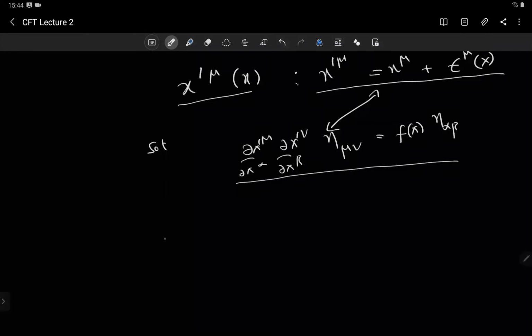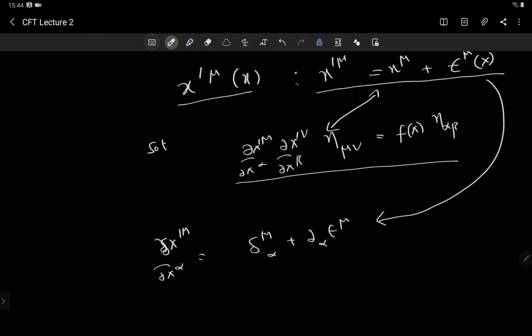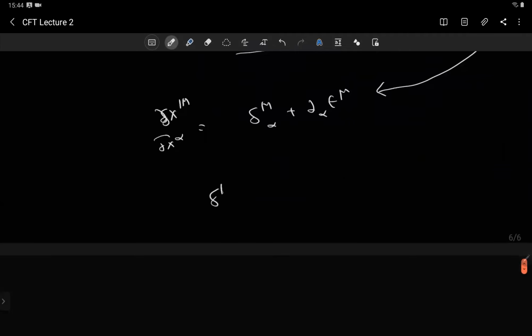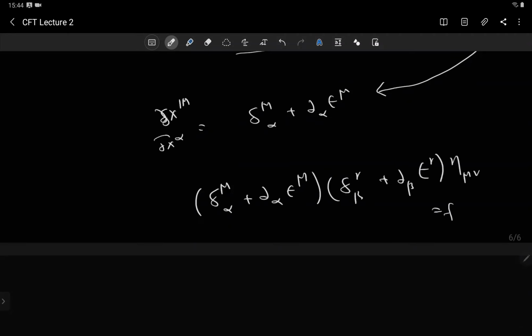From here, you can immediately see that del x prime mu over del x alpha must be given by delta mu alpha plus del alpha epsilon mu. Just plug it in and you get delta mu alpha plus del alpha epsilon mu, times delta nu beta plus del beta epsilon nu, times eta mu nu, is equal to f of x times eta alpha beta.